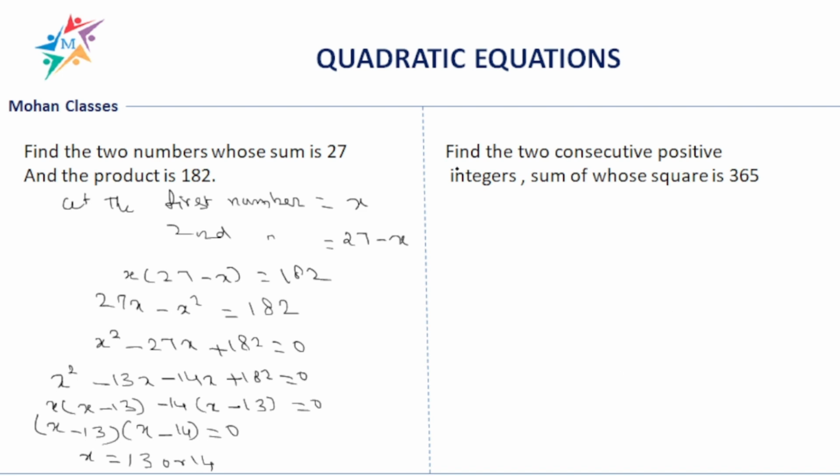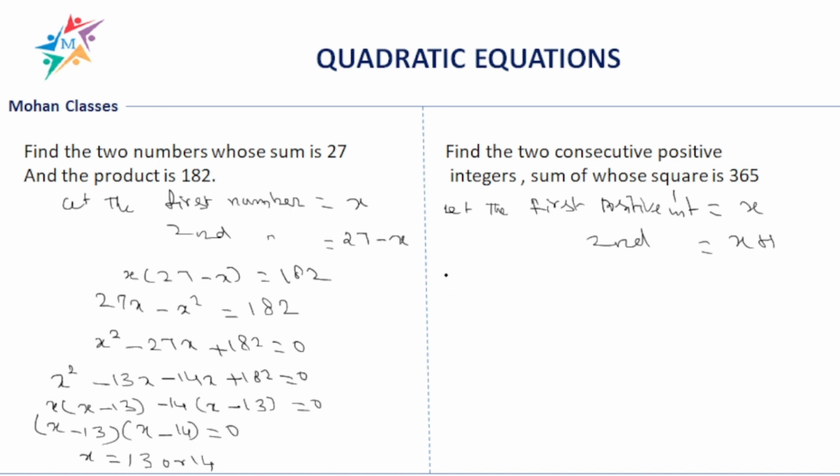Clear? Here, find the two consecutive positive integers, the sum of whose squares is 365. Here we have to take positive integers. Let the first positive integer be x. What about the second one? The second one will be x + 1, right?